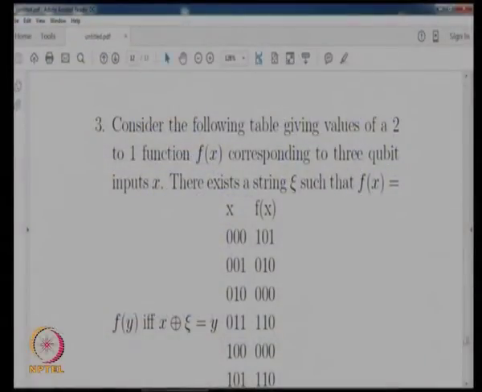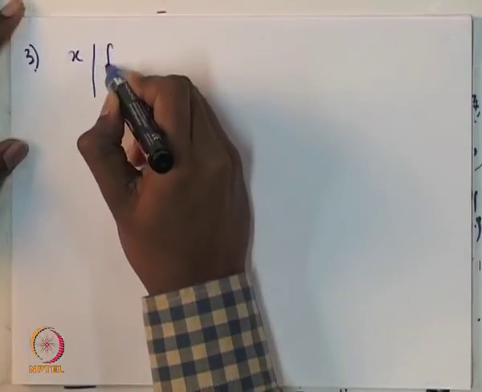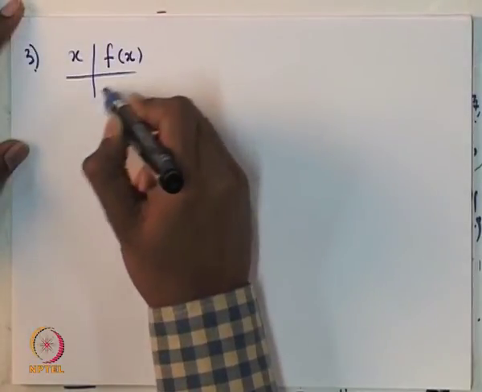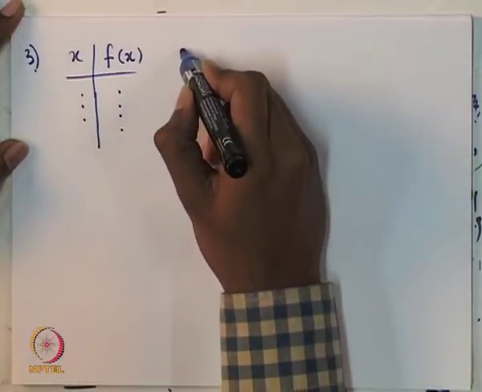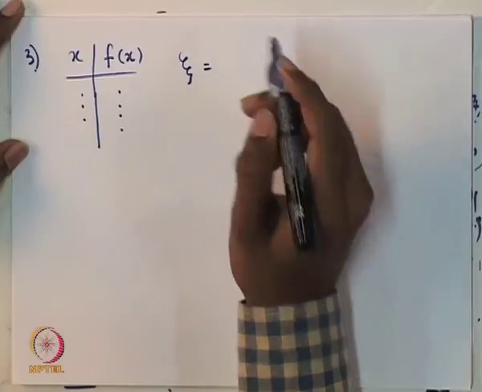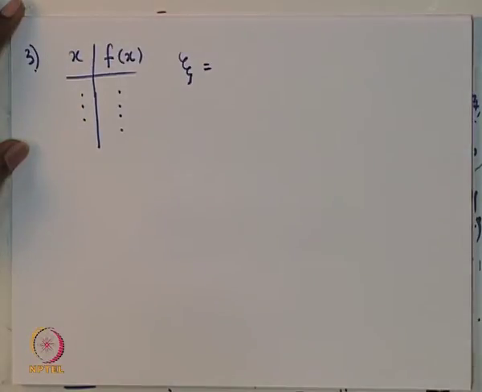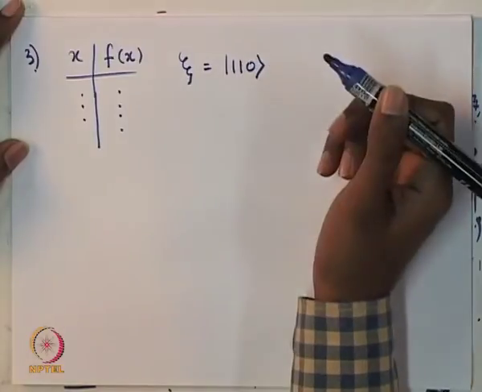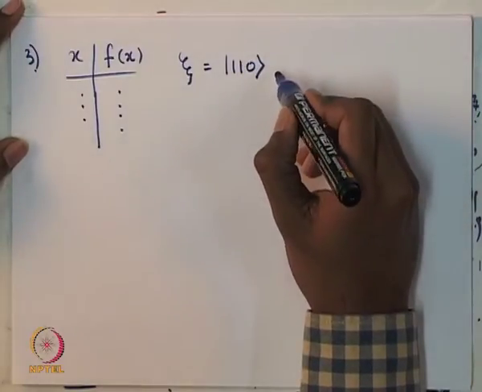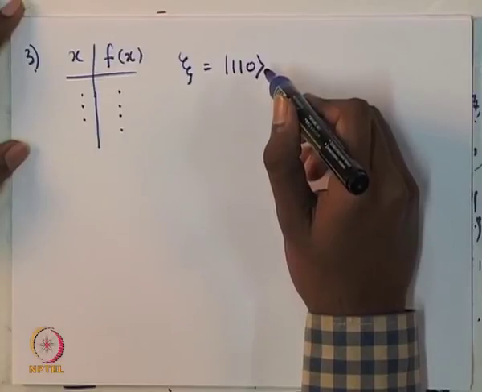Let us look at question number 3, which is based on Simon's algorithm. Here we are given a table of x with the corresponding f of x, and we are also given the corresponding values.